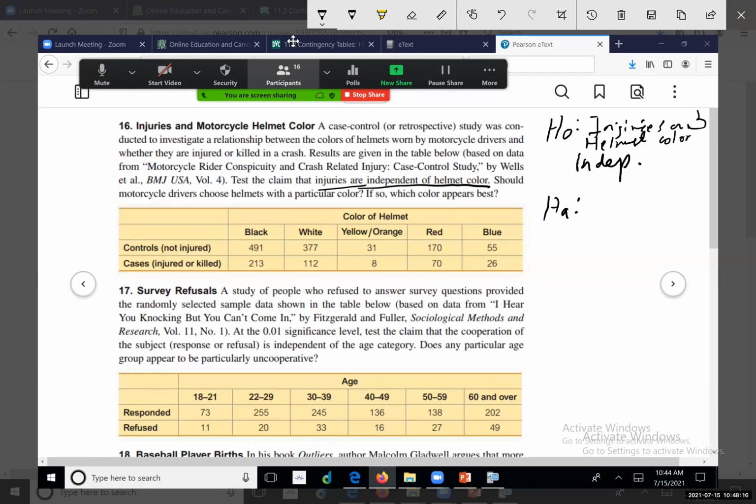And then the alternative is that injuries and helmet color are dependent. So, independent and dependent.